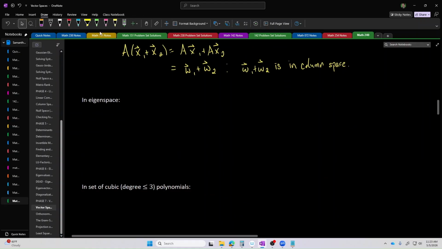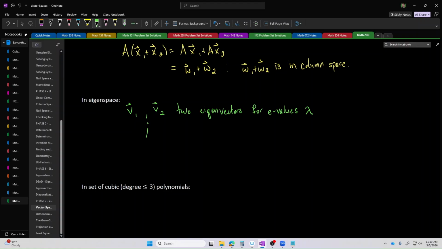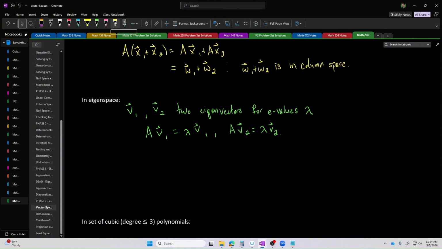To see this property at work in eigenspaces, suppose that we have two eigenvectors, v1 and v2, corresponding to the eigenvalue for this space. Let's just call it lambda. What this means is that A applied to v1 is equal to lambda times v1, and A applied to v2 is equal to lambda times v2. So now let's see what happens when we apply the matrix A to the sum of these two eigenvectors.